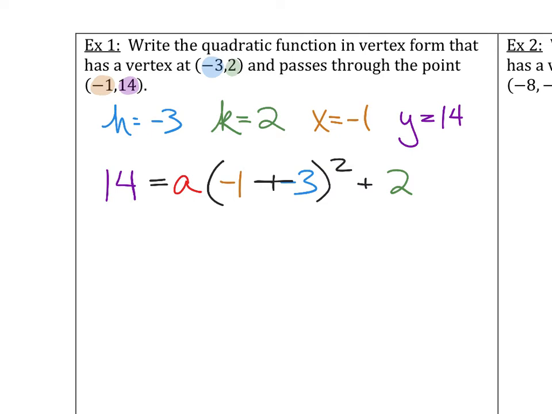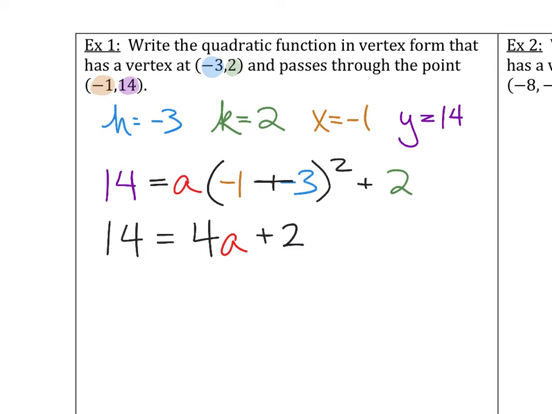Malik, we're going to start off with PEMDAS. So we're going to do negative 1 plus 3 squared. What is negative 1 plus 3? Negative 1 plus 3 is 2. And then 2 squared is what? 4. So I have 14 equal to 4a plus 2, right? I did negative 1 plus 3. That's 2. We squared that.